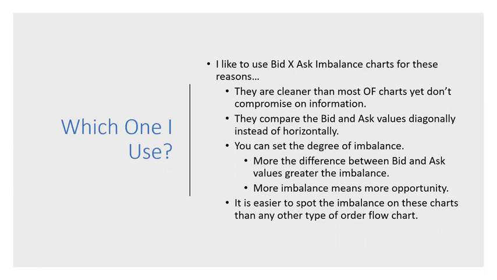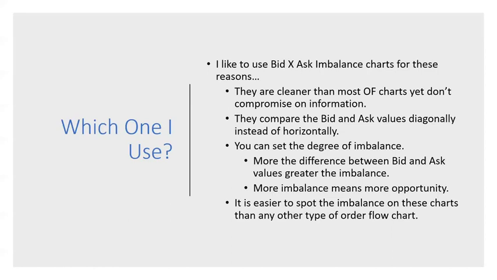You can set the degree of imbalance. We saw, I was using 3. You can make it 2, you can make it 5 even. It depends on what you want, and on the instrument that is being traded. The more the difference between the bid and ask, the greater will be the imbalance. More imbalance means more opportunity, because if there is more imbalance between buyers and sellers, that move is likely to continue.